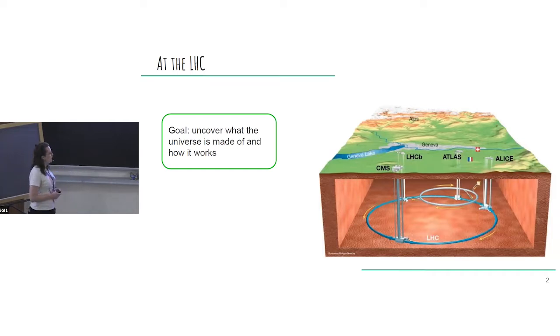So the LHC at CERN, the Large Hadron Collider, has the goal of uncovering the structure of the universe and understanding how it works. How is it done? It's done by making particles collide.